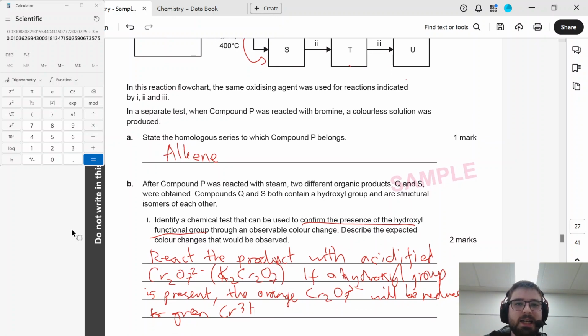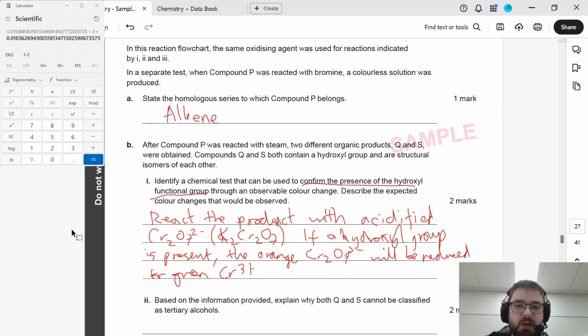Hopefully me saying this out loud is more legible than my handwriting.